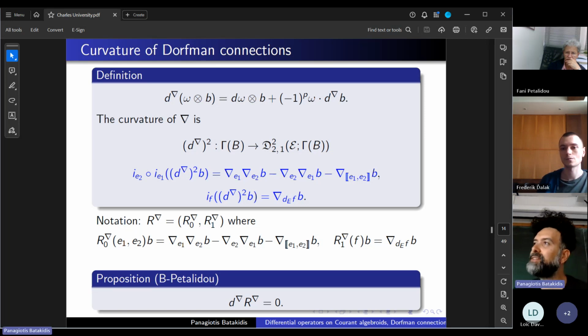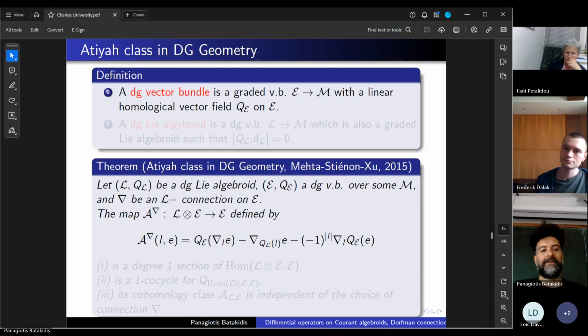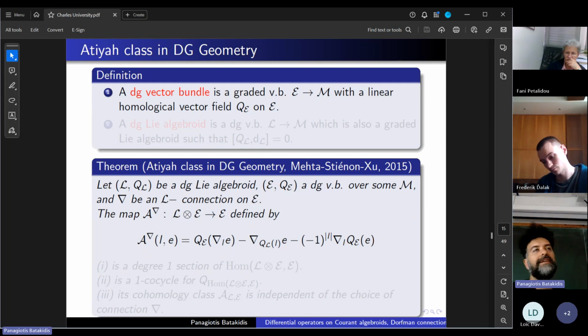Now let me start with a short story about Atiyah classes. An Atiyah class, before I go on to the slides, is something that comes from almost 60 years ago. It was defined by Atiyah himself, and for 40 years, until the late 90s, there was not much interest or progress about it.